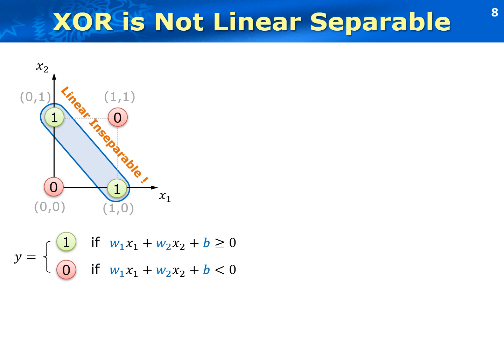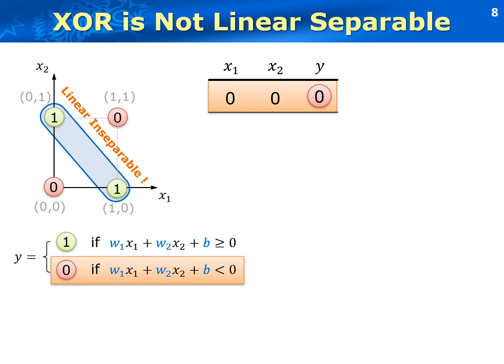To theoretically prove XOR cannot be emulated by a single-layer perceptron, let's look at its truth table row by row. In the first row, the output Y is 0, meaning that the neuron does not fire when x1 and x2 are zeros. Thus, we substitute x1 equals x2 equals 0 into this orange branch to get the following inequality.